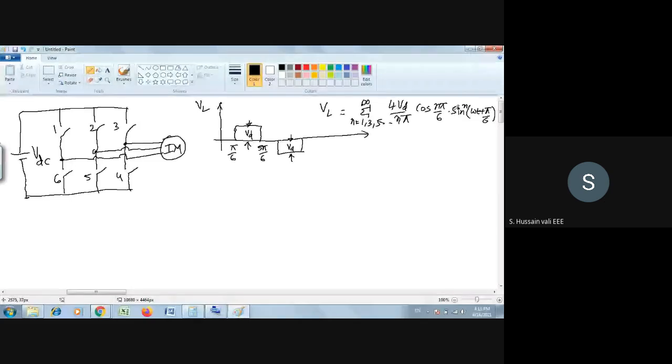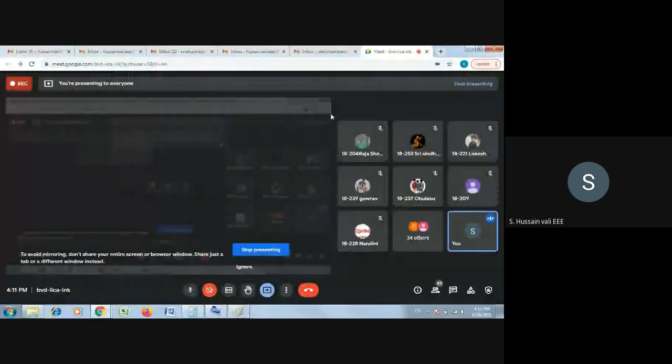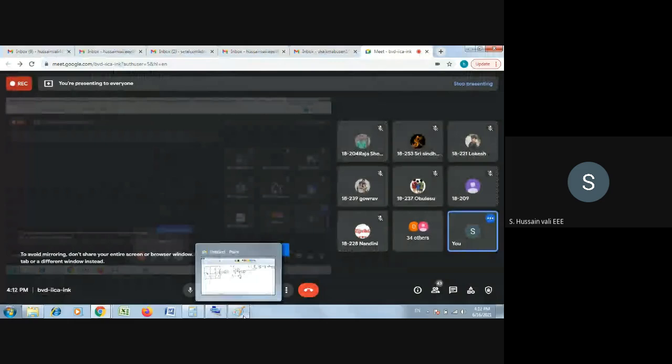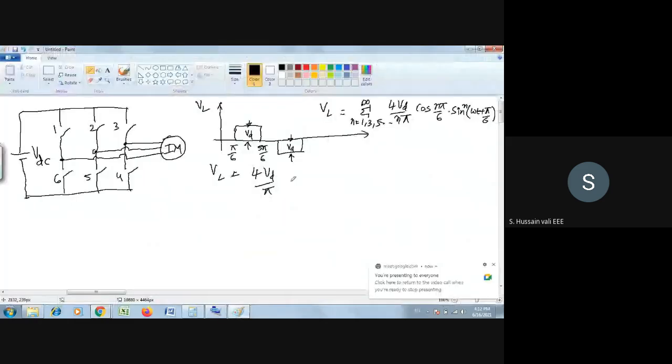voltage. So then, if you expand this expression, VL is equal, what you will get here is that 4 VD by 5, and so we will take n is equal to 1 first, then cos pi by 6 into sine omega t plus pi by 6.